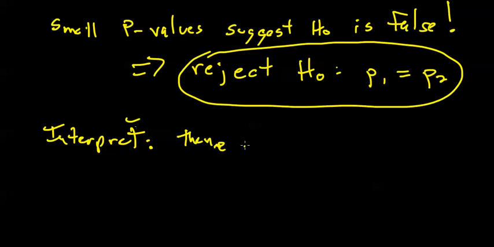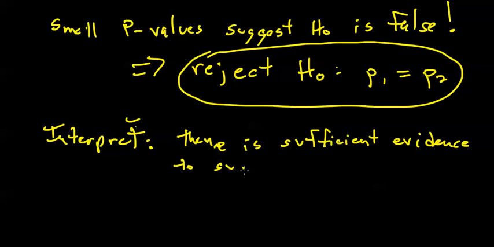There is sufficient evidence to support the claim that the population proportion of people that spend the same money with larger denominations is less than the population proportion of people that spend the same money with smaller denominations.